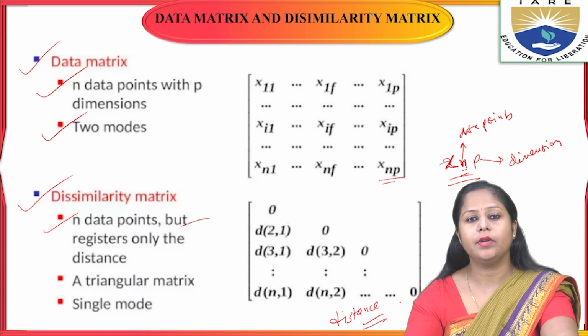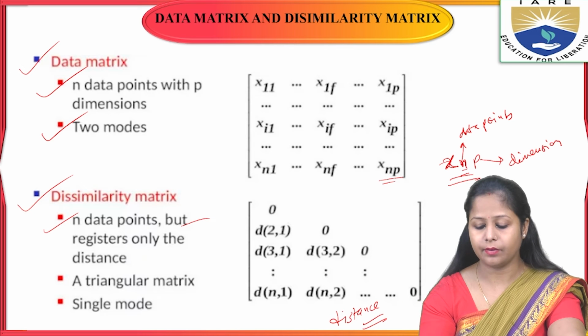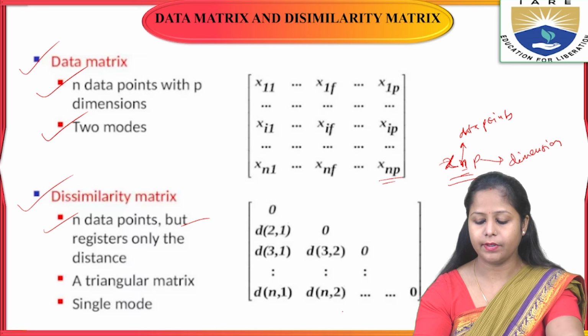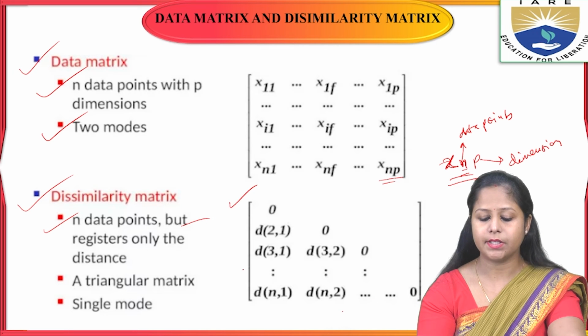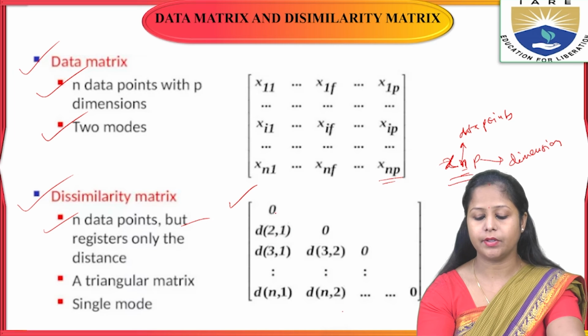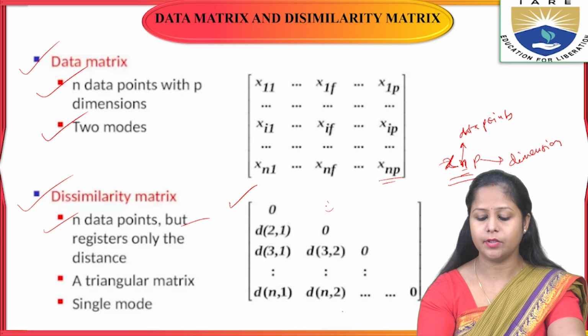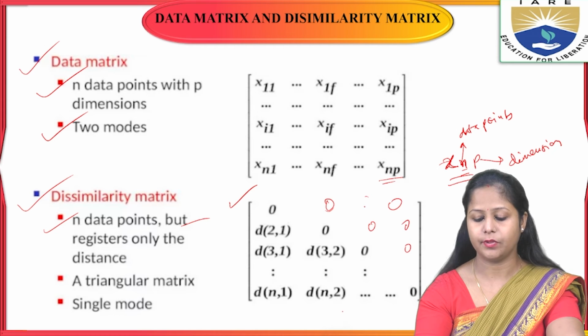So it is the triangular matrix. For example, if we are having some dissimilarity matrix, it is having 0 here, and here nothing, 0, 0, 0, 0, 0, 0.